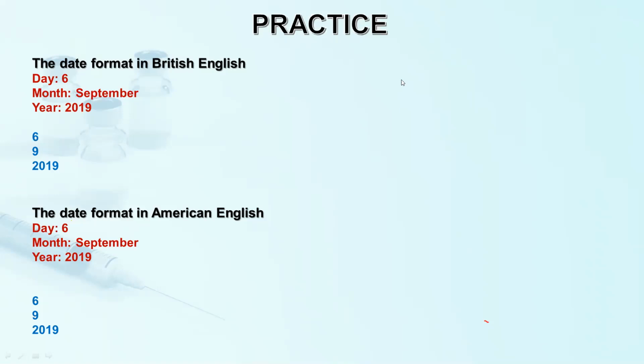Your answer is 6/9/2019. Dr. Muhammad, as I mentioned earlier, I prefer to include all the digits for all parts of the date. So it's better to write 06/09/2019. This is more formal than using one digit for the day and month.